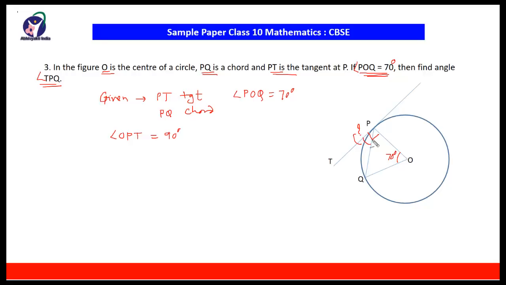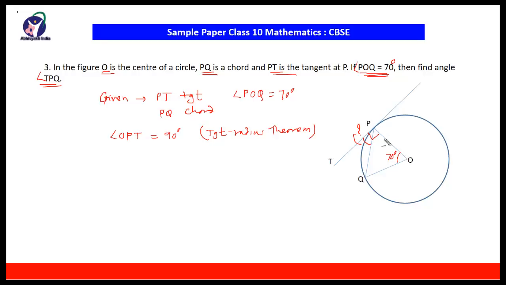This angle OPT is 90 degrees. The reason we have to write, and that reason will be what? Tangent radius theorem. So the tangent radius theorem says that the radius and tangent are perpendicular to each other at the point of contact, so this angle is 90 degrees.